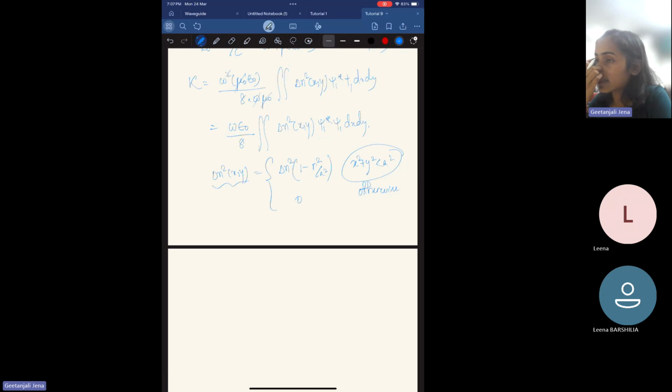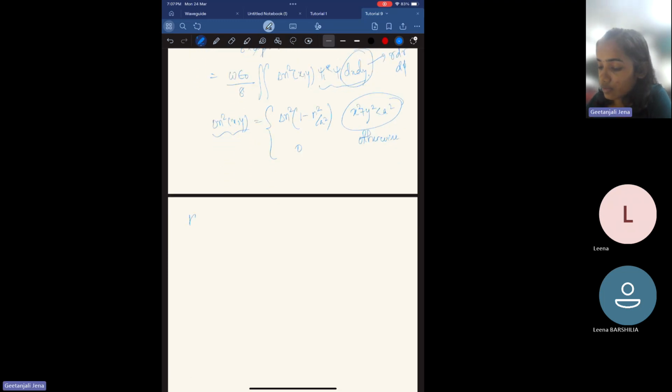The integration is in terms of dx dy, so we need to convert it to the cylindrical coordinate system. In cylindrical coordinates, you can express it as r dr d phi. And psi 1 is also given: it is 2 by omega 0 square root of omega mu 0 by pi beta, times e to the power minus r squared over omega 0 squared.